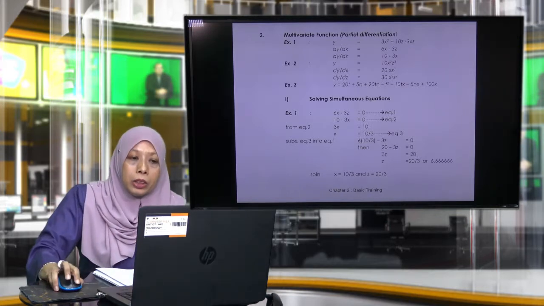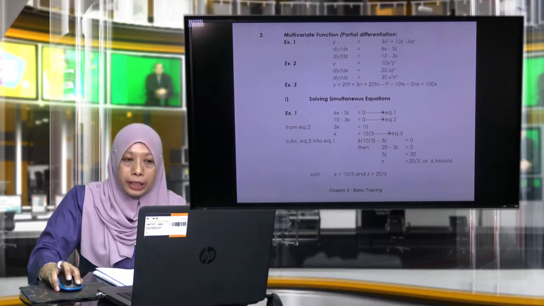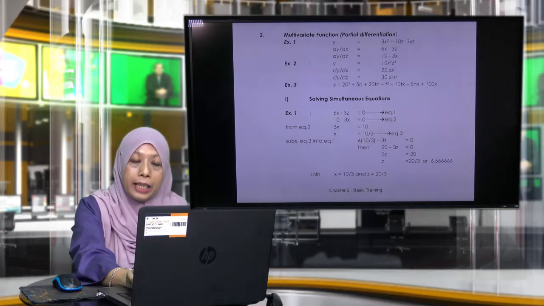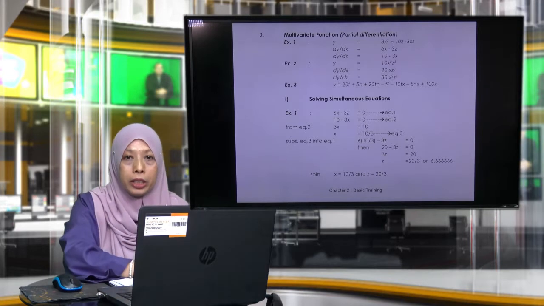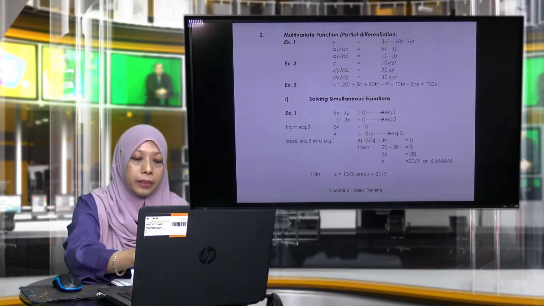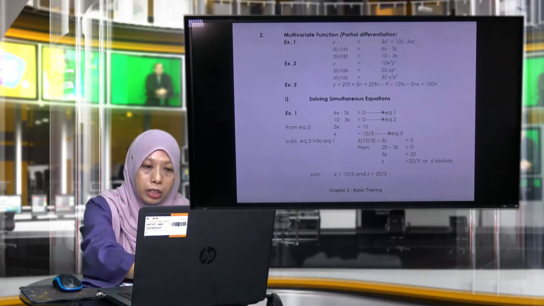Now looking at 3xz, remember 3 is a number, z is a number, and we want to differentiate this subfunction with respect to x. So the rule says bring down the exponent for x. In this case, the exponent is equal to 1. The next step is you need to write down the original function.